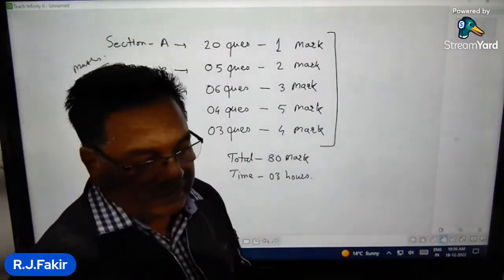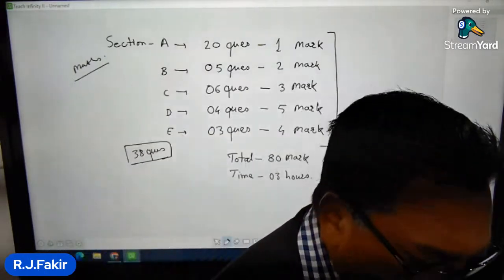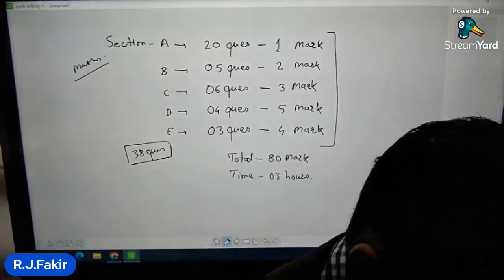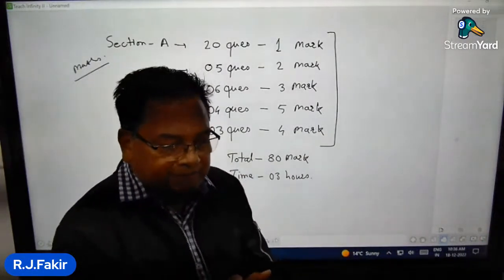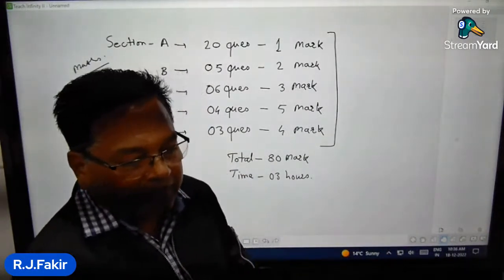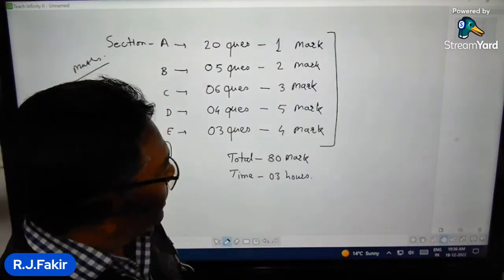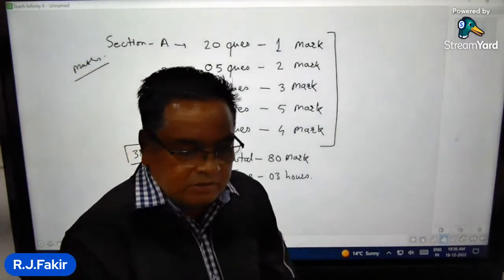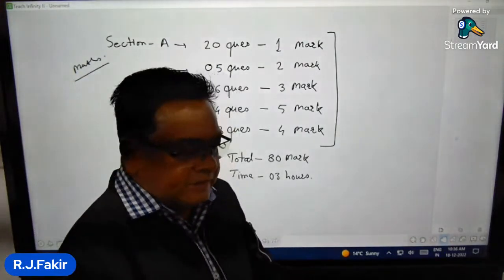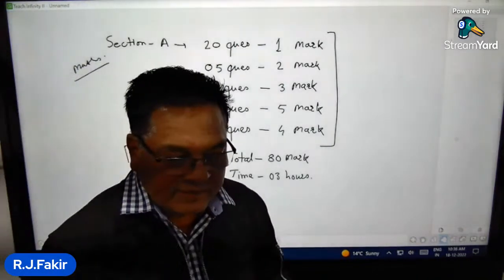While attempting this kind of exam, time management is very, very important. Knowing the answers is not enough for any exam. For good scoring, what you require is accuracy as well as speed. We should be able to complete these 38 questions in 3 hours.